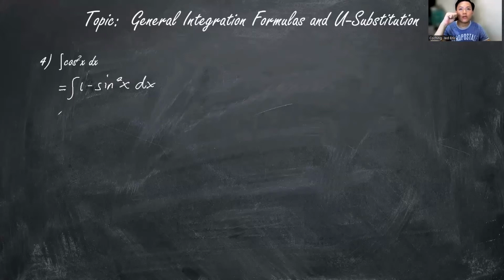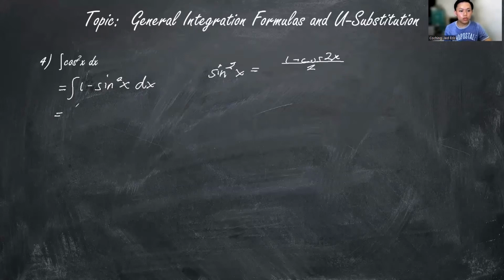And we can simplify this further as sine squared x is equal to, if I remember correctly, 1 minus cos 2x divided by 2.